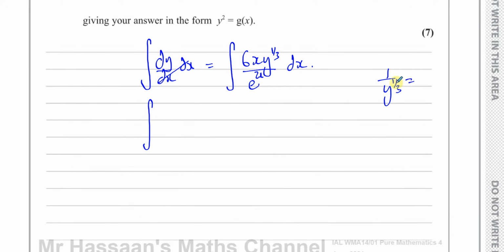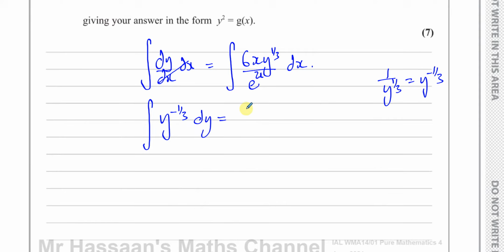Now, in order for me to integrate something like this, I would like to express it with the variable on the numerator. So this is the same as y to the power of minus 1/3. So I'm going to write, instead of 1 over y to the power of a third on this side, y to the power of negative a third. And then this is with respect to y.